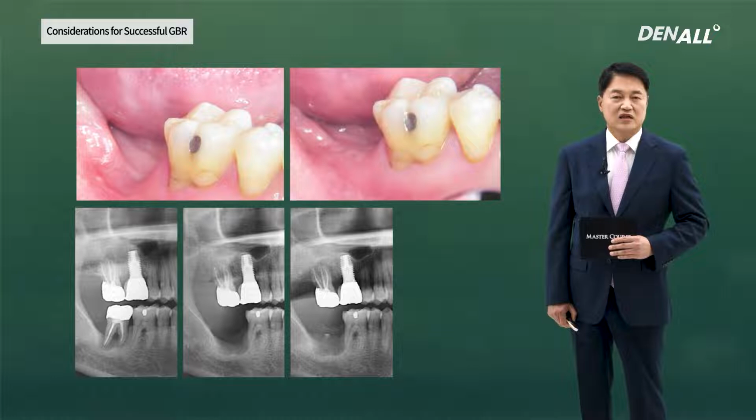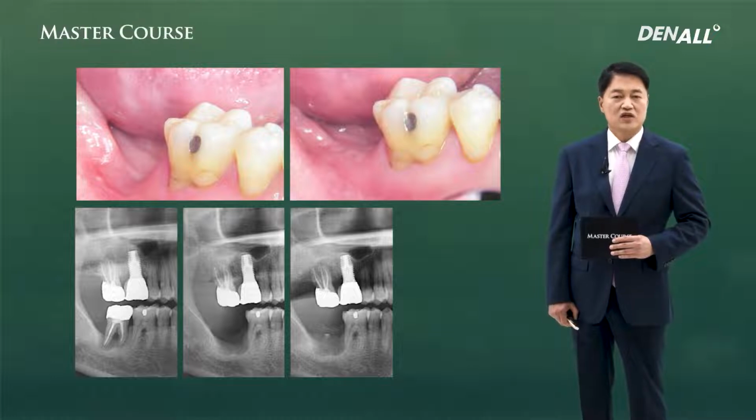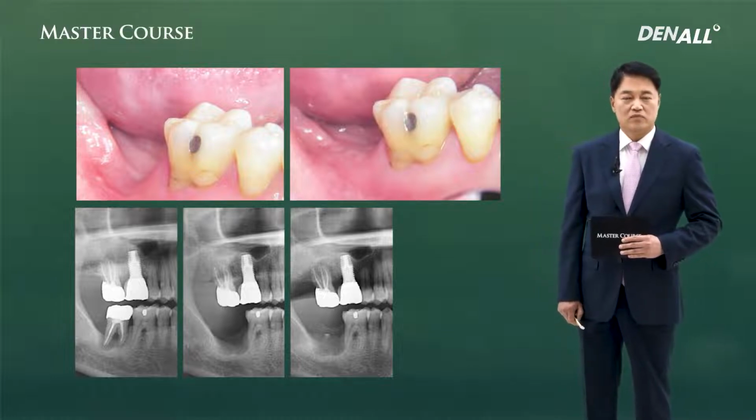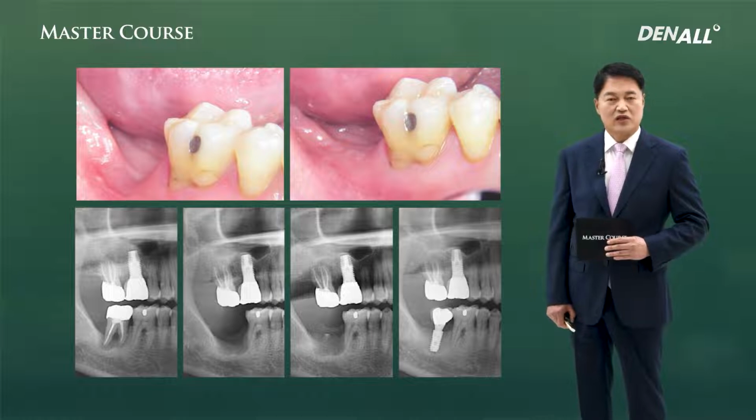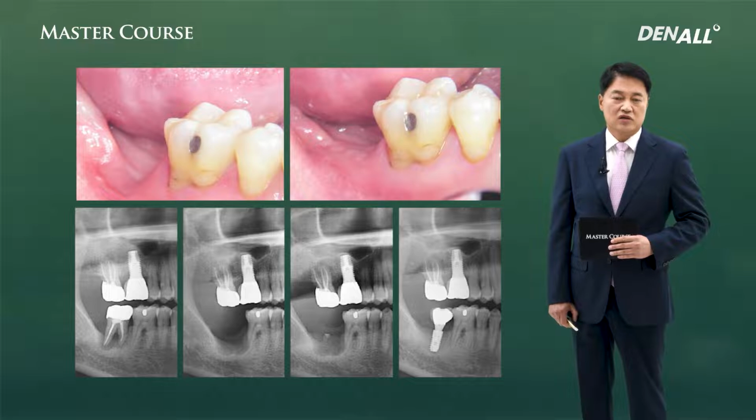You can see that the resorbed situation has been improved so that we can place an implant. In such a case, there's no issue in placing the implant and completing the prosthesis. Through appropriate GBR in areas where implants seem difficult, you can make it an easier situation.